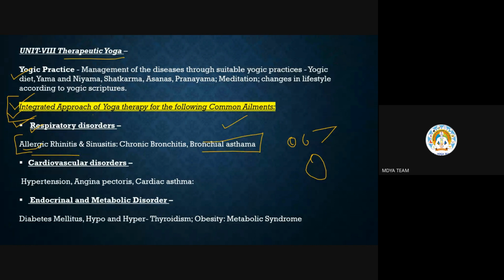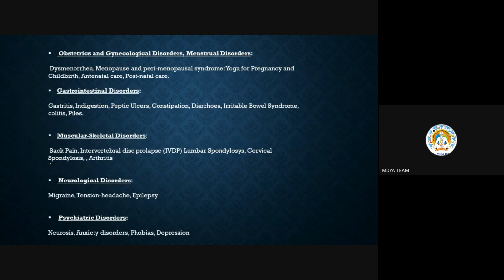Then we'll go for the therapy of all respiratory disorders altogether, because all the respiratory disorders are somehow related to each other, and their therapy or management is almost similar. So we'll study their management altogether. Then cardiovascular disorders: first we'll study all these disorders, then go for their management altogether. Like this we'll manage our strategy to study.